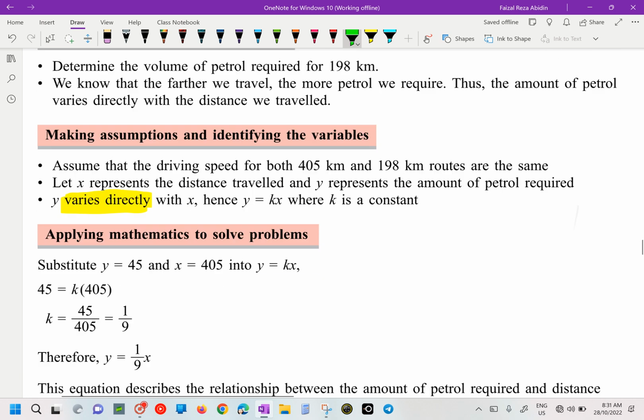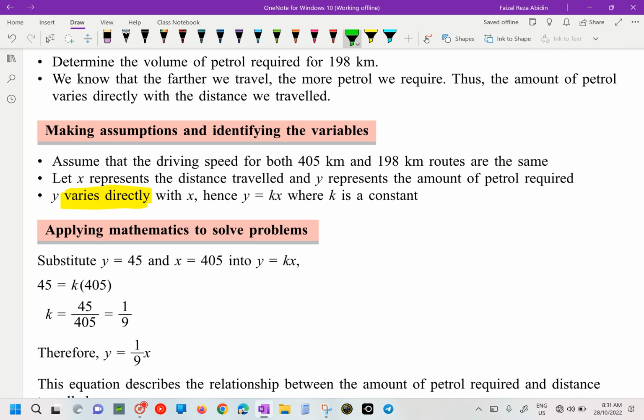So we are going to use over here, x is going to be our distance travel, and y is going to be our amount of petrol required. So y varies directly with our x. So we are using our variation. Okay, varies directly. y equals kx.